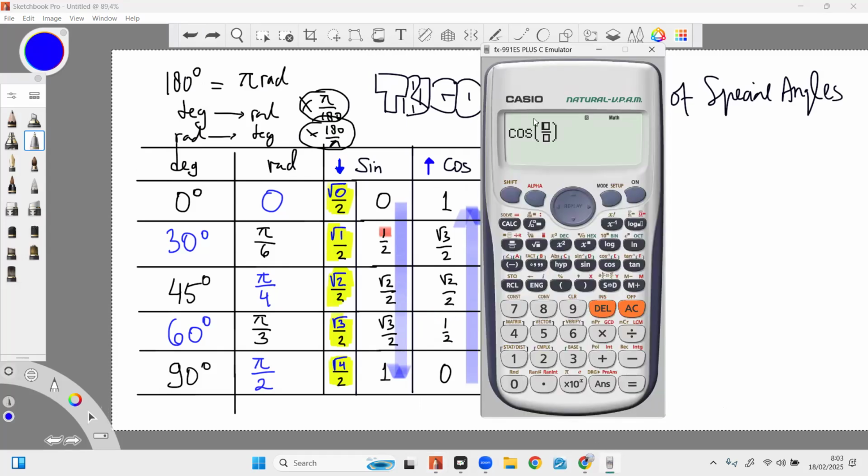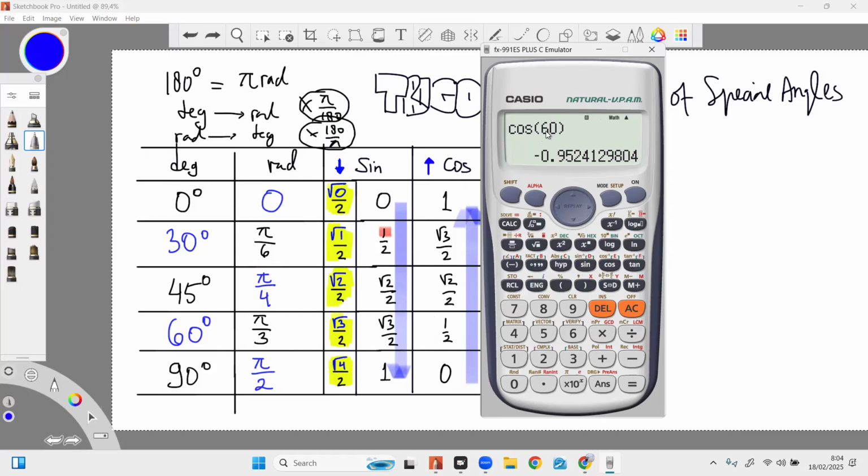Not 60 because it's radian. So you put the angle here, in radian or degree, depending on the reading. Pi over 3. See, half, right? Don't put half, guys. This is totally wrong. The value is half, but the angle is pi over 3. If you put 60, something is wrong, it's random. Why? Because the calculator reads 60 as radian. See, random. I don't have the idea what 0.95 is.